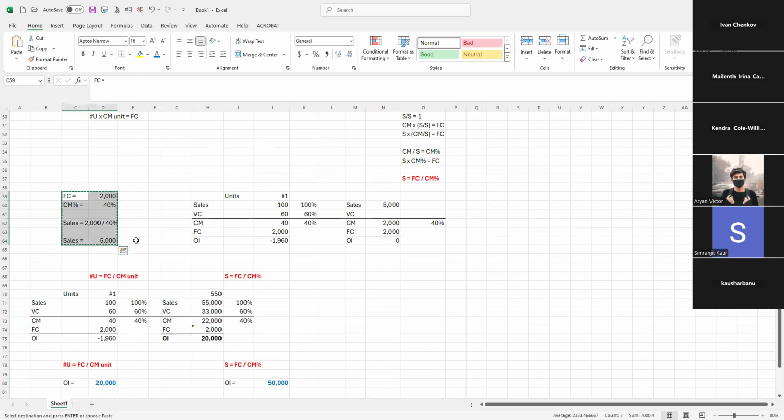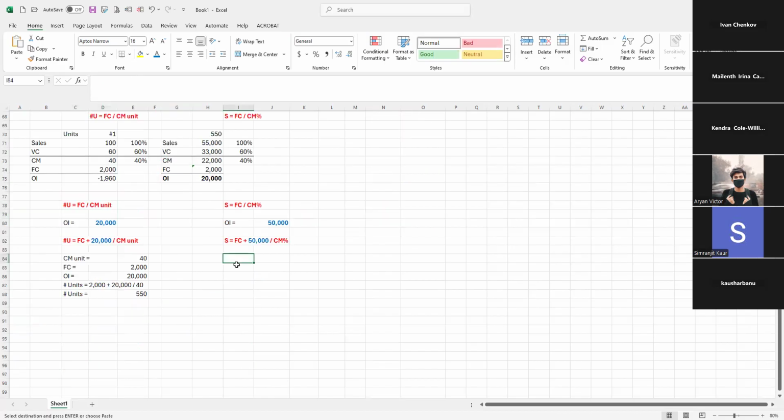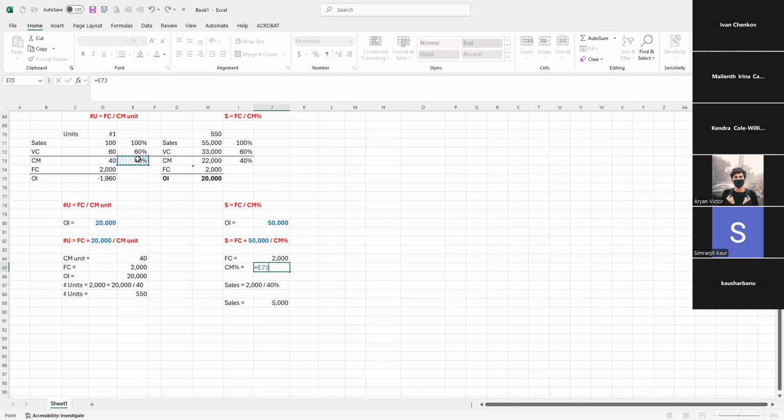What was my calculation here? My fixed cost is still $2,000. Let's work with this one. My contribution margin ratio, still 40%. Operating income that I want is equal to $50,000.